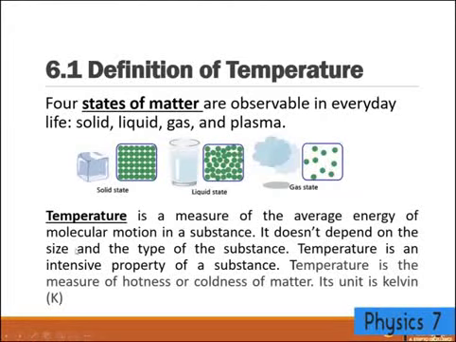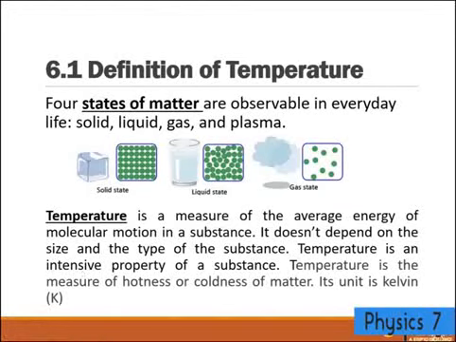So really, when we measure the temperature of a substance, we're actually measuring the average kinetic energy of the particles in that substance. The temperature of a substance does not depend on the size or the type of the substance. So it doesn't matter whether you measure the temperature of water in a big cup or in a small cup. The measurement of temperature is independent of the size or the type of the material.